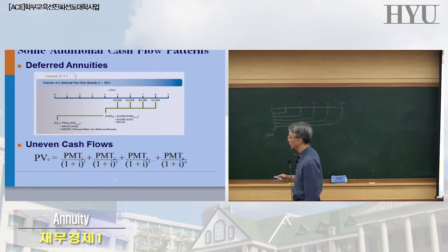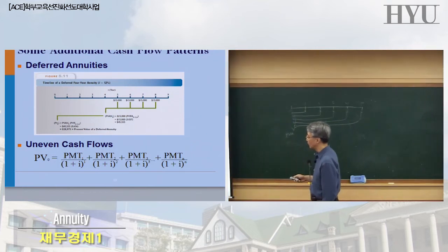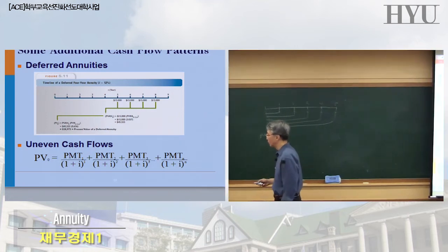So instead of 0, year 4 here, that's the starting point, right? So in that case, this is an ordinary annuity. So the first payment is made at the end of year 5, and so on, right? So this is end of 5th year, end of 6th year, and so on, right?